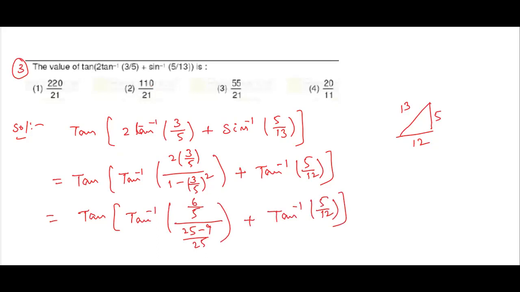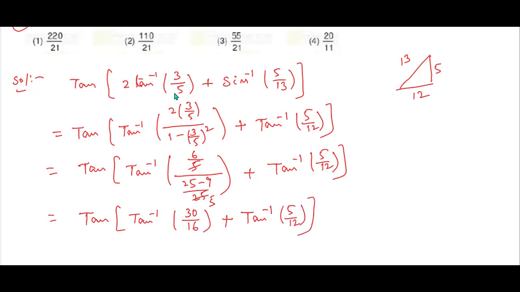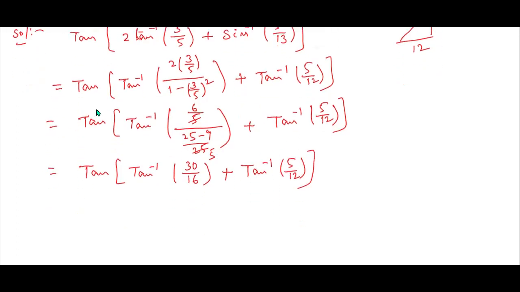Now simplify this. 5 5s are 25. 5 is going to numerator. 5 6s are 30. 30 divided by 25 minus 9, 16, plus tan inverse 5/12. Okay.